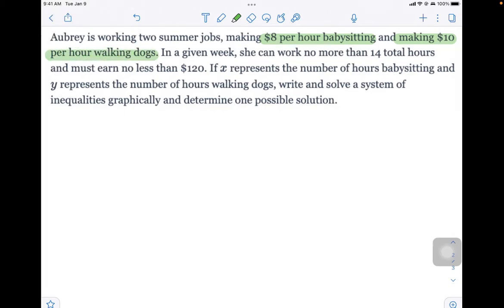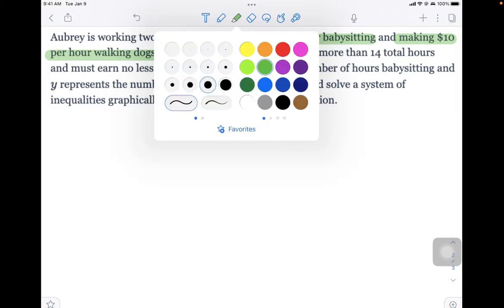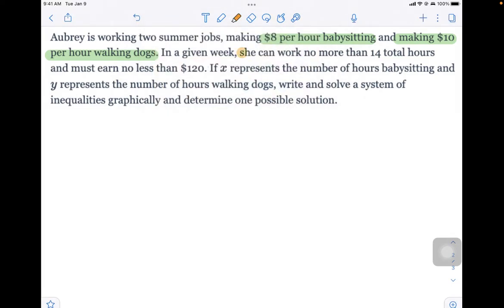In a given week, she can work no more than 14 total hours and must earn no less than $120.